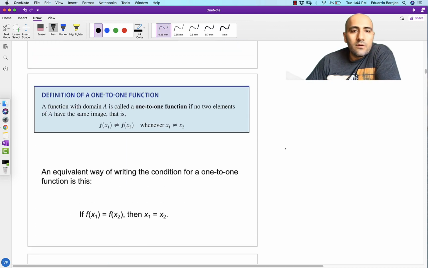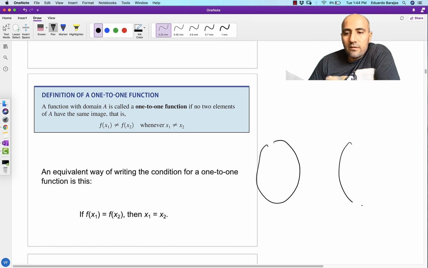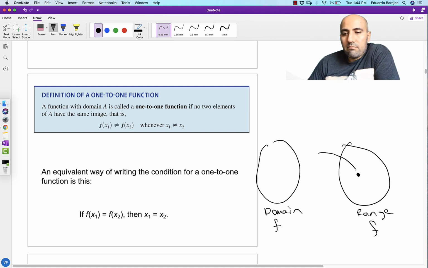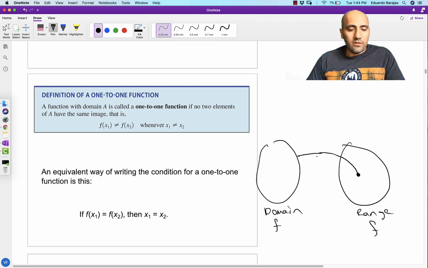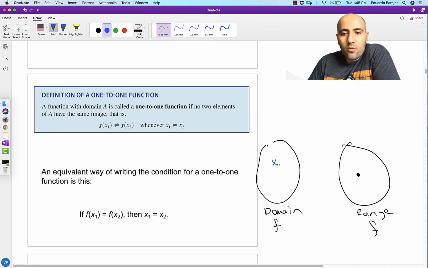So, do the jelly bean thing. Here's the domain of f. Here's the range of f. So we're saying, oh, look, here is a unique value in the range of f, and it looks like something is being mapped from over here, under the influence of the function f. Let's say that there is an x sub 1 over here, such that when I map it over under the influence of f, whatever f is doing, it lands as f of x sub 1, right?